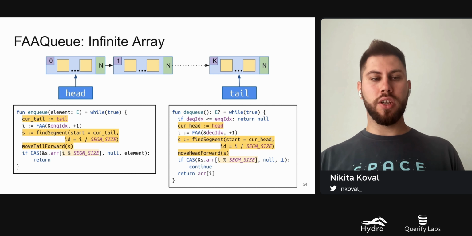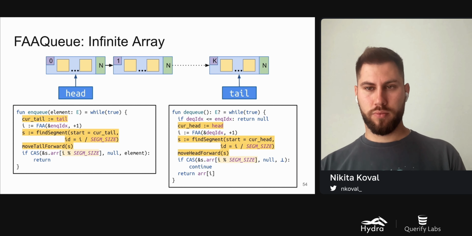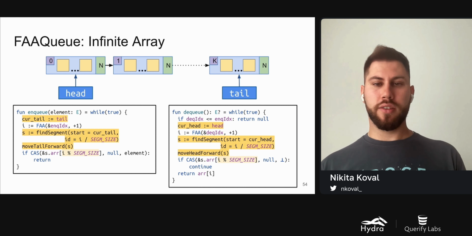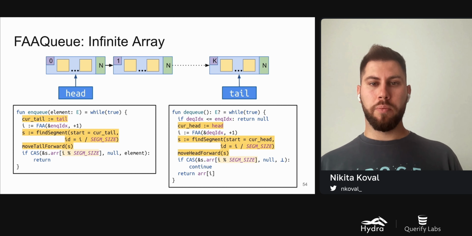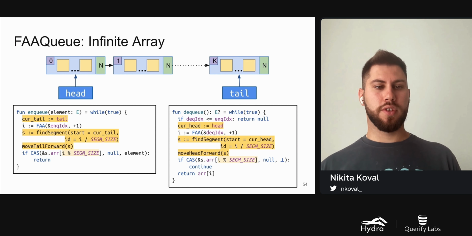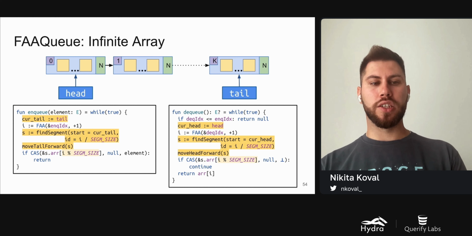So we find this segment, and after that, we also update the tail segment. We move it forward. We do this atomically because it's possible that it's already updated. In this case, we don't do anything. It's kind of the same as we did for the Michael-Scott queue.